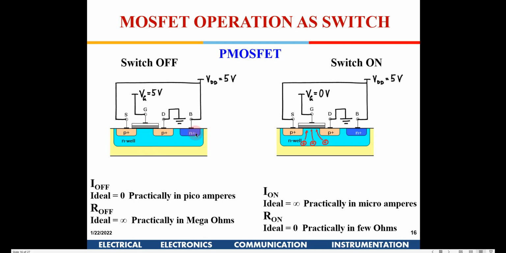Now why do we make an N plus contact? If you try to put a metal directly on the N region, there will be too much of an inbuilt potential there, and a diode kind of thing will be formed. So to make this contact proper, we make an N plus here, and then we make a contact, so that there is a smooth connection between these two regions.